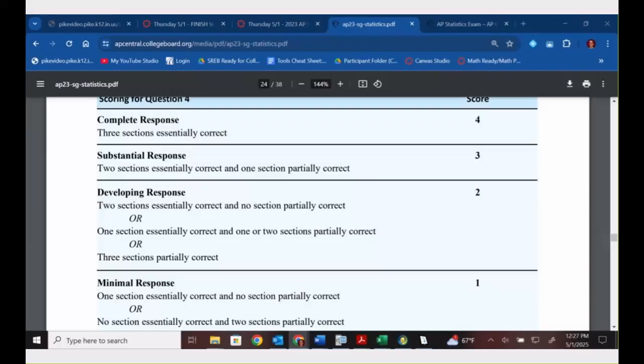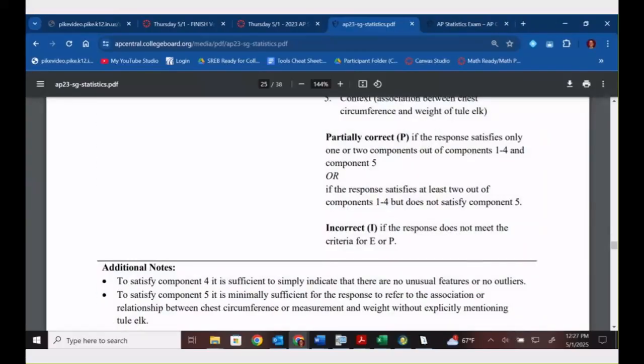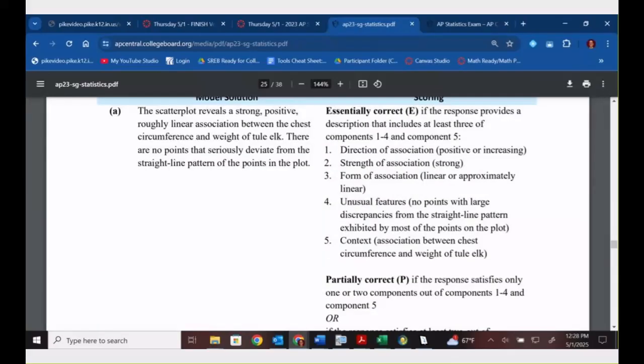Question number 5. Scoring part A for question number 5. We had 5 components. If you get at least 3 of the first 4 and component 5, then you get an essentially correct. The direction of the association, positive or increasing.